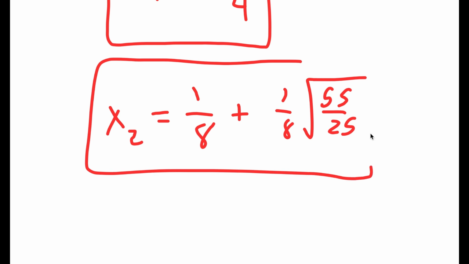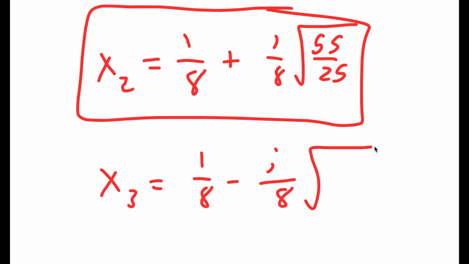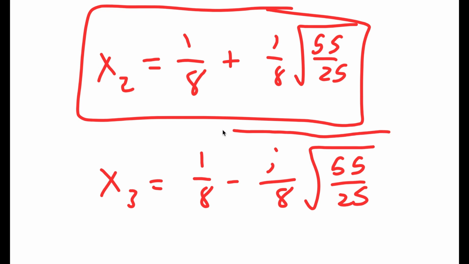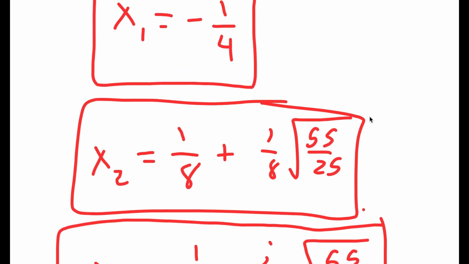So this is my second solution, and for my third solution, I have 1 over 8 minus i over 8 times the square root of 55 over 25. So I have three solutions to my equation.